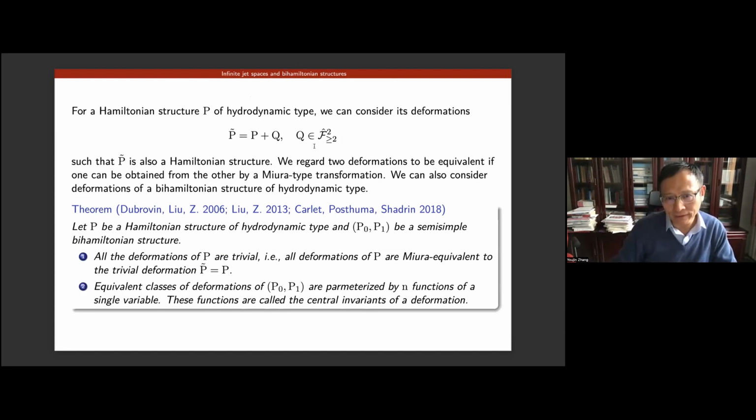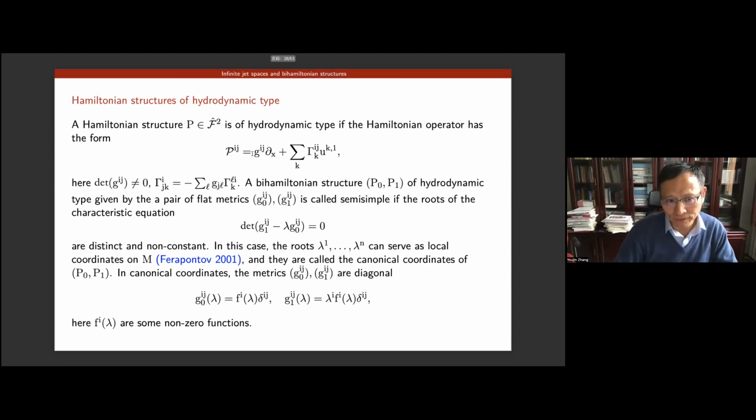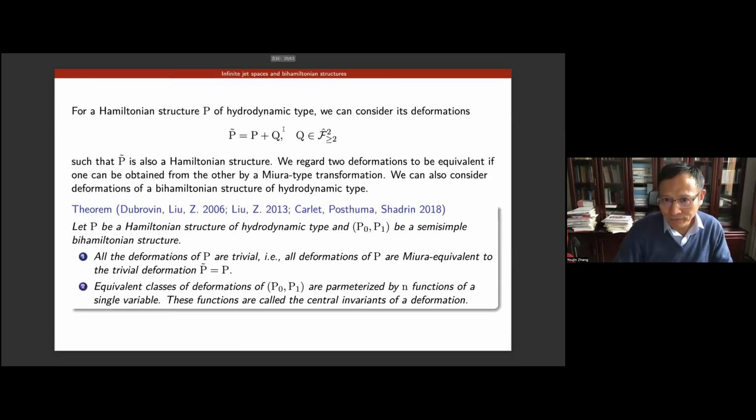So if we're given a Poisson bivector of hydrodynamic type, we can consider its deformation. We add some higher order differential degree terms Q. Then we require that this deformed one is still a Hamiltonian structure. Okay, and we regard two deformations to be equivalent if they are related by a Miura type transformation, related by simply a change of coordinates.